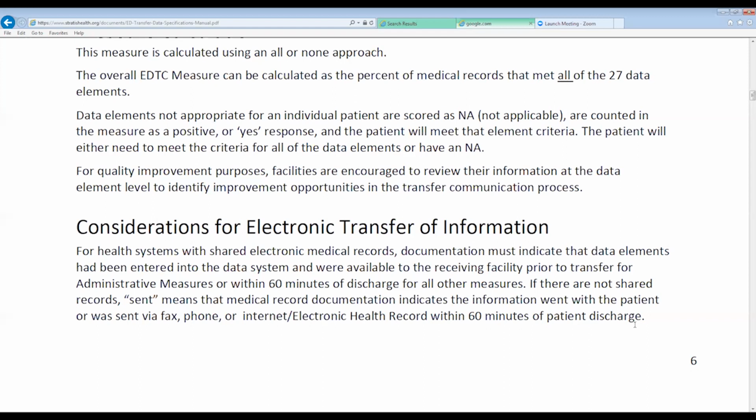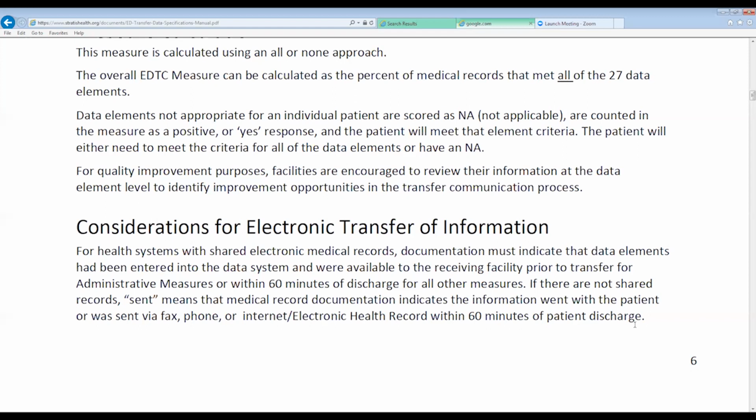So it is not enough to say ED transfer record sent, okay? What's in your ED transfer record? I wouldn't know that. So if all I saw was ED transfer record sent, and I don't have any form there that says, hey, this is what the ED transfer is, and this and this and this and this was sent, I would have to check that as a no, because I don't know what was sent.